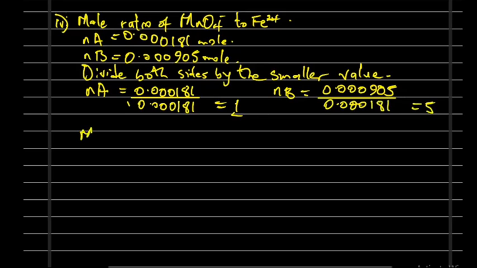So that tells us that our mole ratio for the equation is going to be 1:5. So that is going to be the answer to the question. This is as far as we can come for the questions. We have been able to answer 5 questions in this particular series.